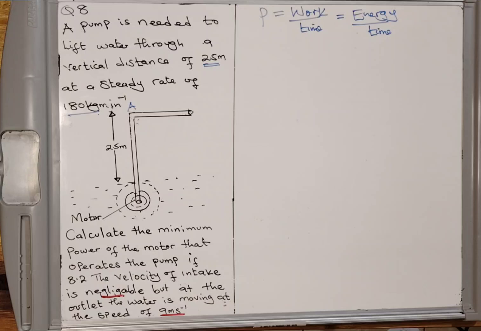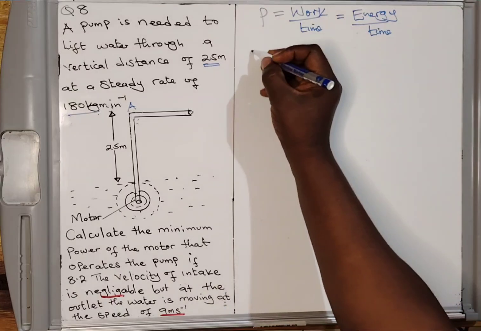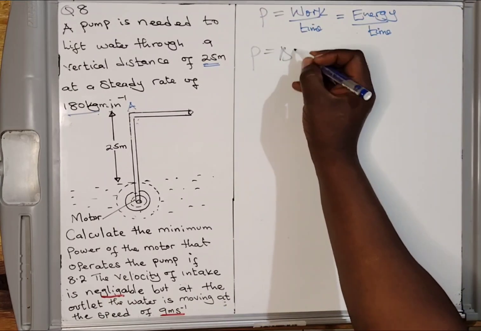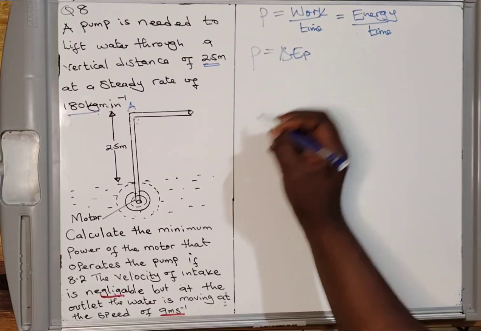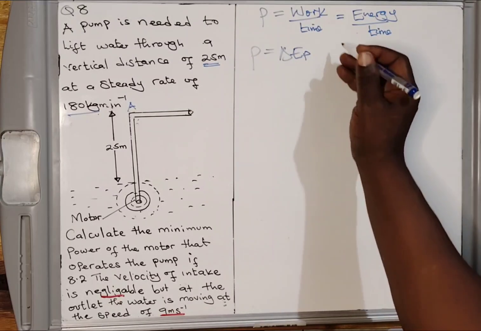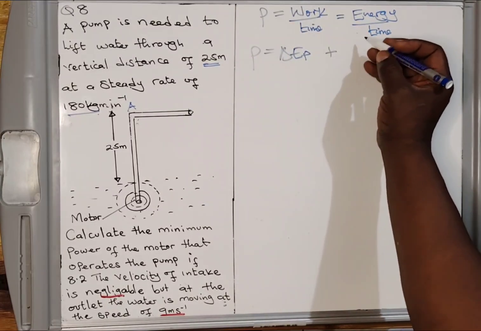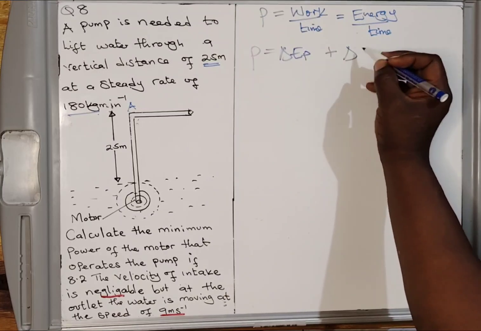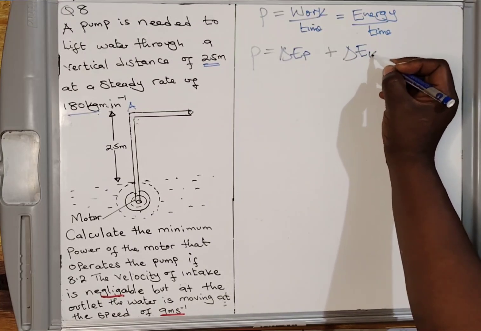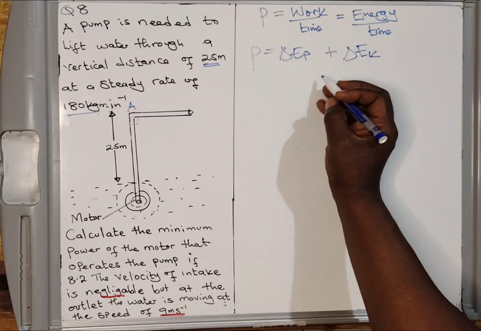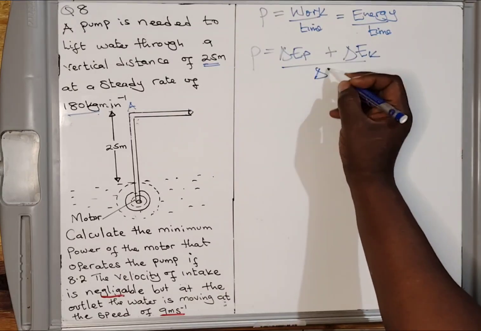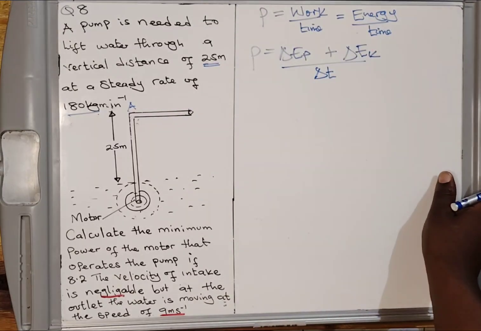So altogether, this is what you have to know, that this motor this time around is doing two kinds of energy. This motor is doing our gravitational potential energy as we know it, delta EP, but it still is ejecting water at a velocity, so it's creating kinetic energy. So when you divide this by time, you get the power.